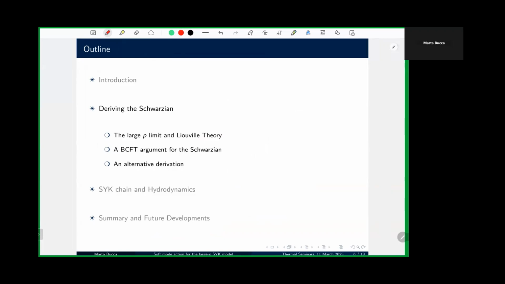And then I will present two alternative derivations for the Schwarzian derivative. The first one uses arguments from conformal field theories that have boundaries, and the second one consists of coming up with a nice ansatz and plugging this nice ansatz back into the SYK action.